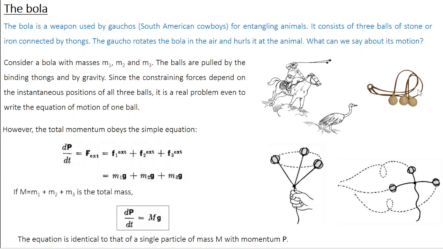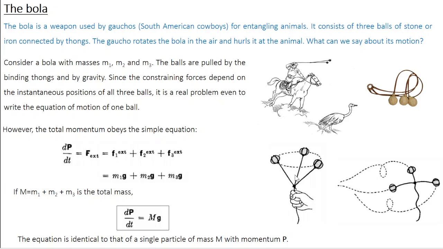And for now you can neglect the air resistance, and since all these three masses are connected together, you can consider them as a single system consisting of three individual particles, right? So this is a multi-particle system.